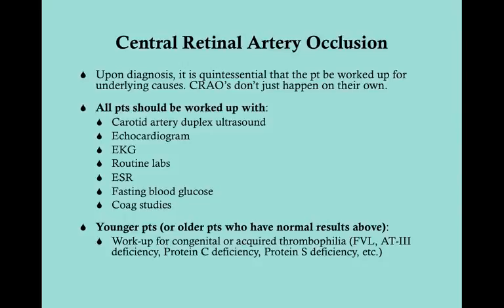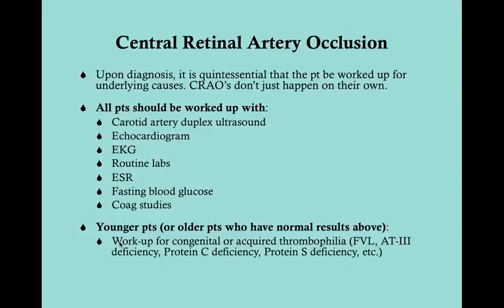An ESR is useful, and that's kind of to look more towards temporal arteritis, where it would be elevated. A fasting blood glucose is useful to work them up for diabetes if they haven't been diagnosed with diabetes, and then coagulation studies. Younger patients or older patients who have normal results after this workup should get a workup for any kind of congenital or acquired thrombophilia.